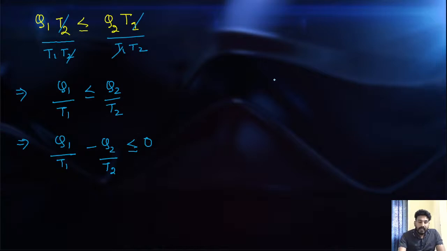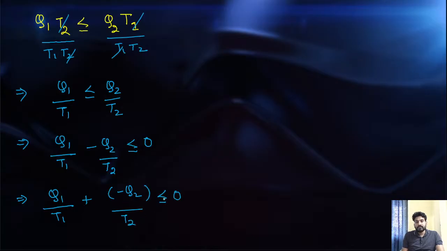Right? And this equation we already wrote in terms of Q1 divided by T1 plus minus Q2 over T2 is less than or equal to 0, because Q2 is rejected, that's why it contains the negative sign. It is clear to you or not? Okay, done.